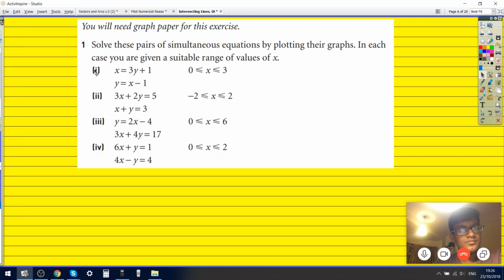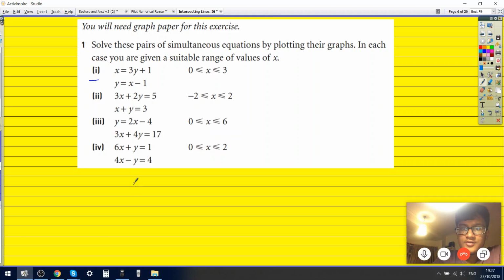How would you solve these just by algebra? Part 1: x is 3y plus 1, y is x minus 1. You could substitute the y for x minus 1.